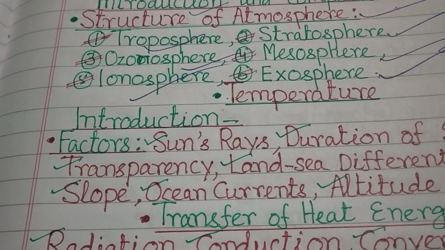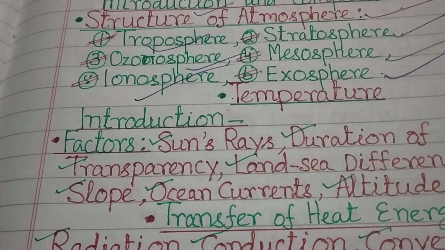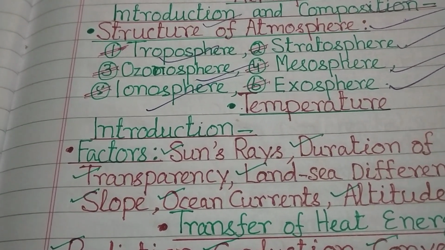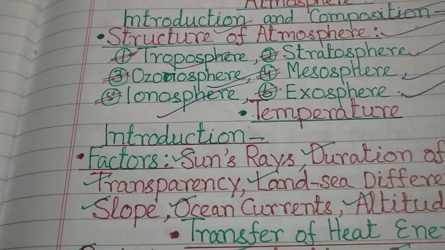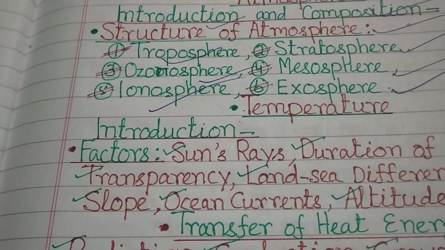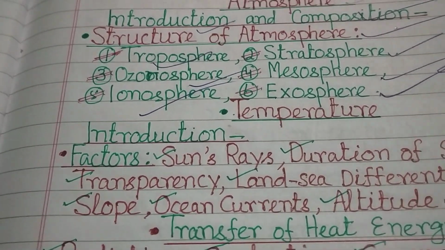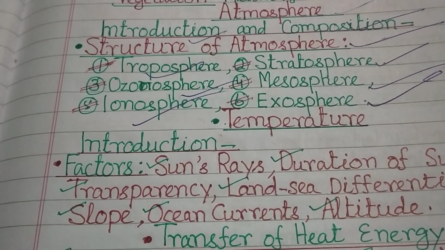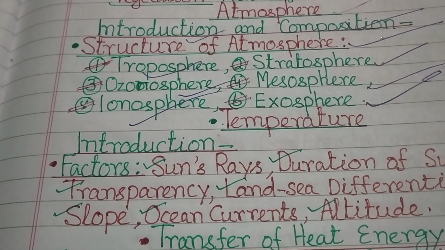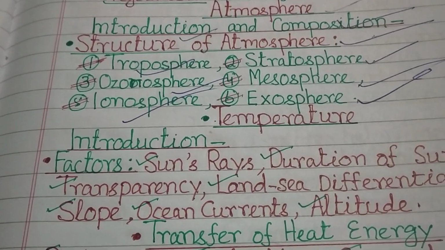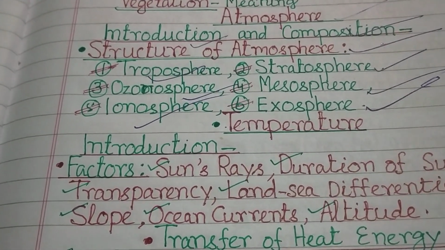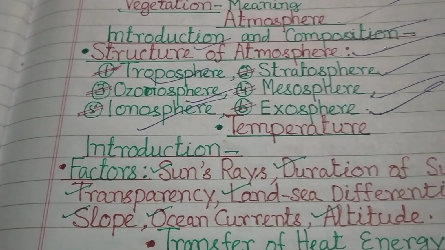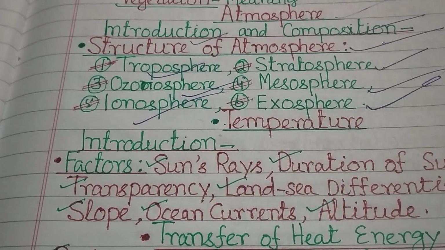In particular, the troposphere is the atmospheric layer between the Earth's surface and an altitude of 8 kilometers at the poles and 18 kilometers at the equator. The thickness is greater at the equator because the heated air rises to greater heights.